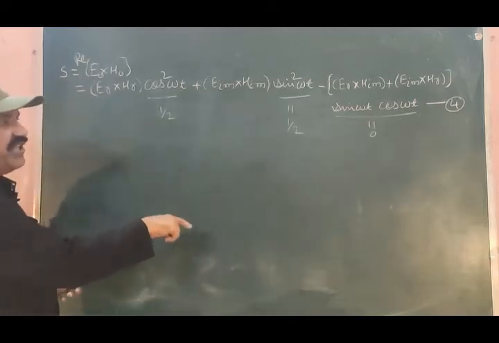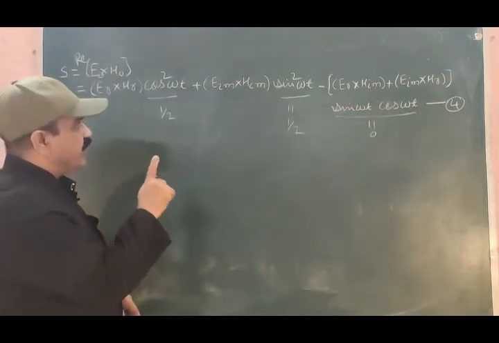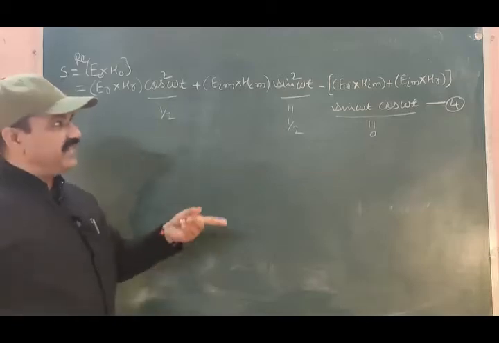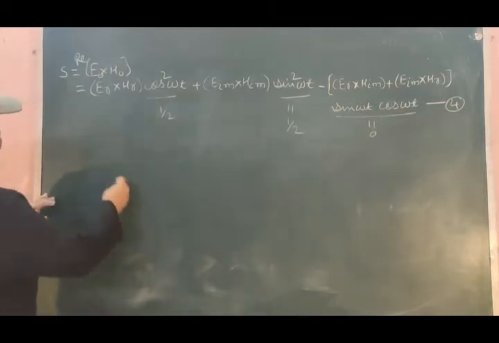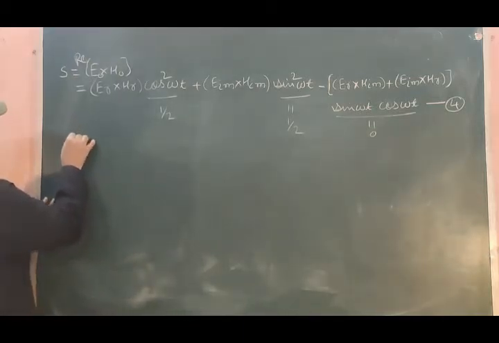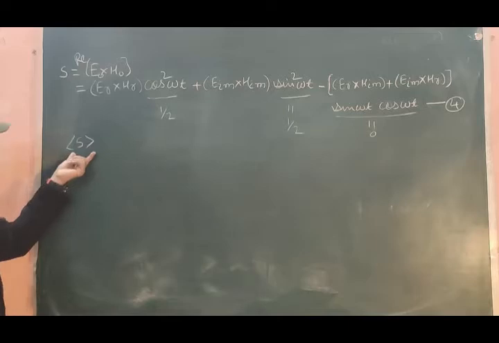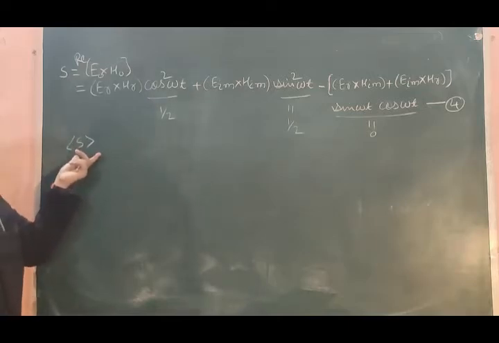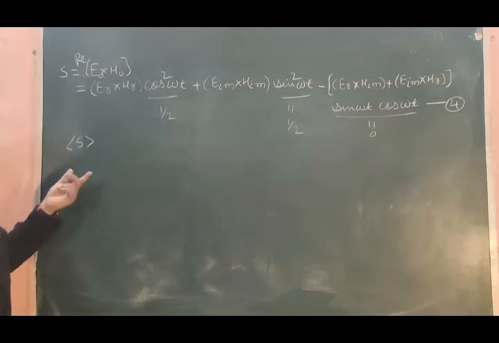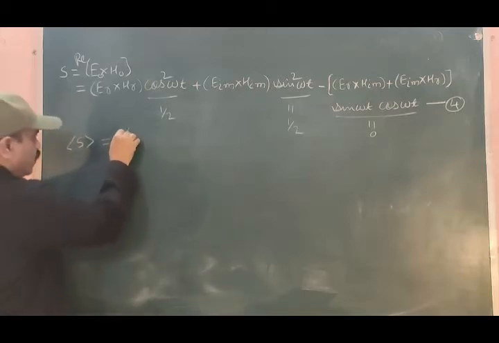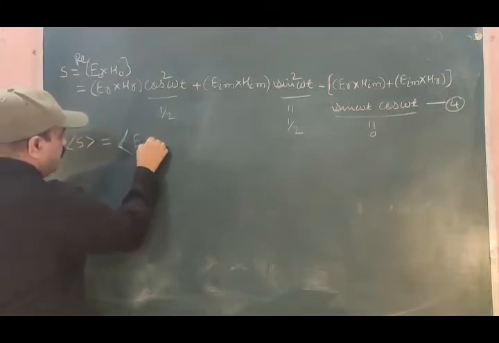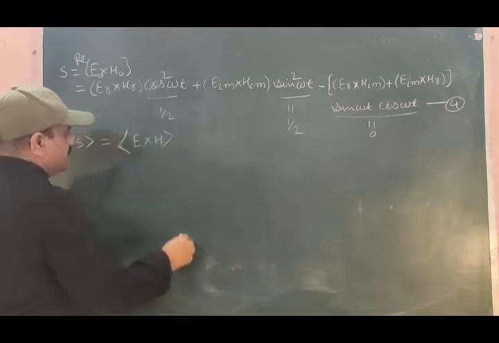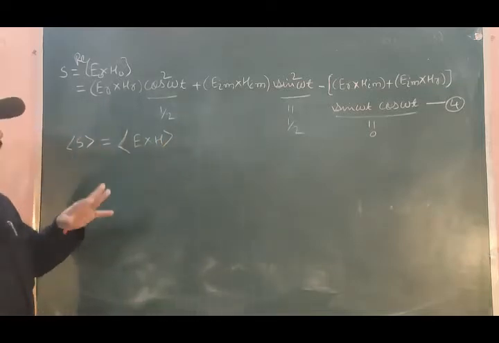After substituting the time average values of cos square omega t, sin square omega t and sin omega t into cos omega t in equation 4, it may further be written as the time average of Poynting vector S, that is equal to E cross H, time average of Poynting vector.